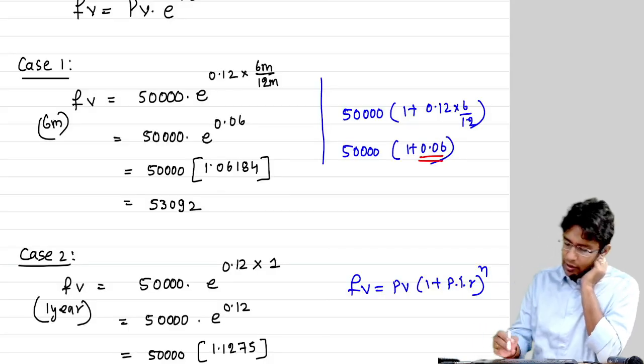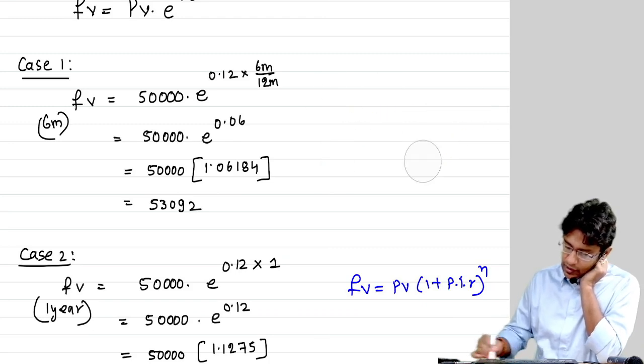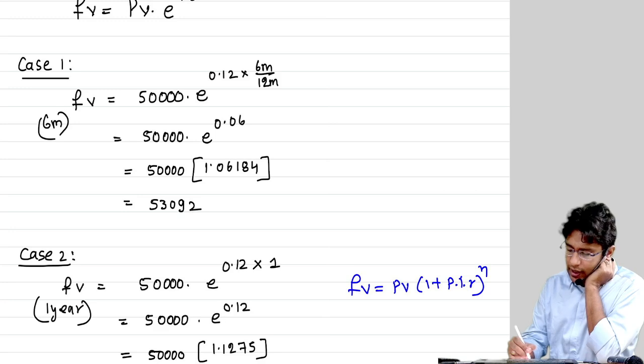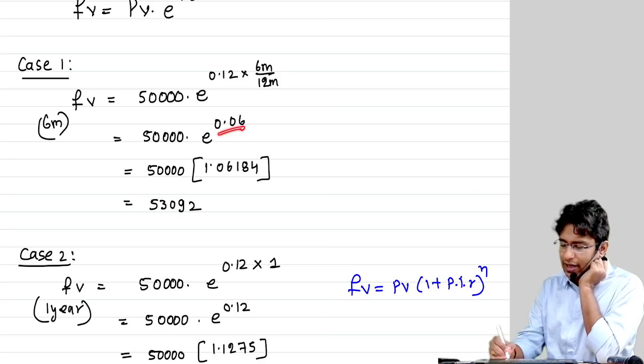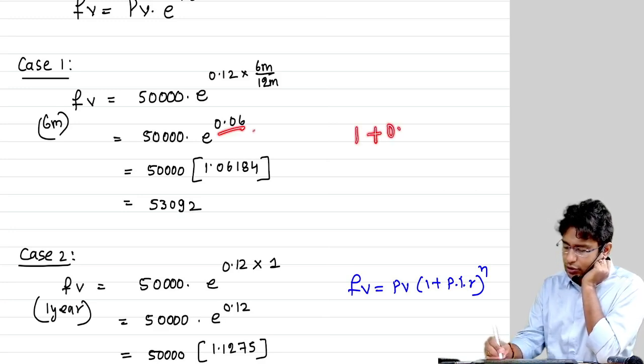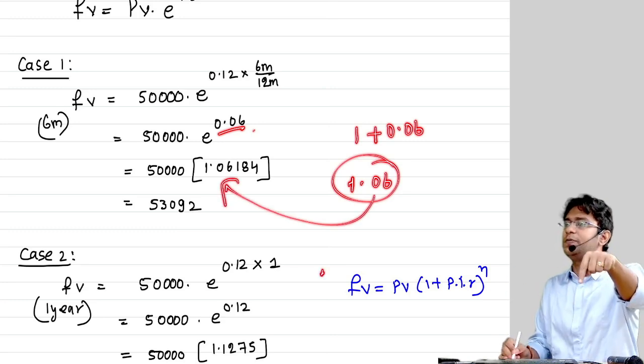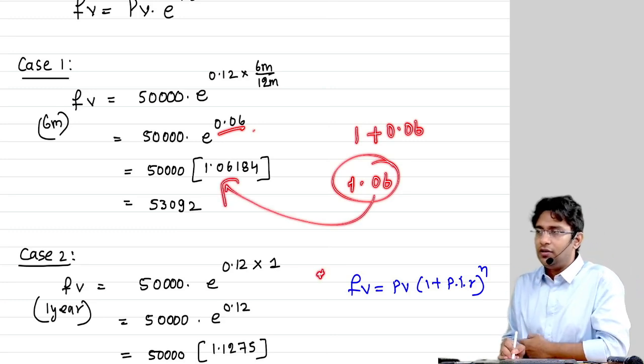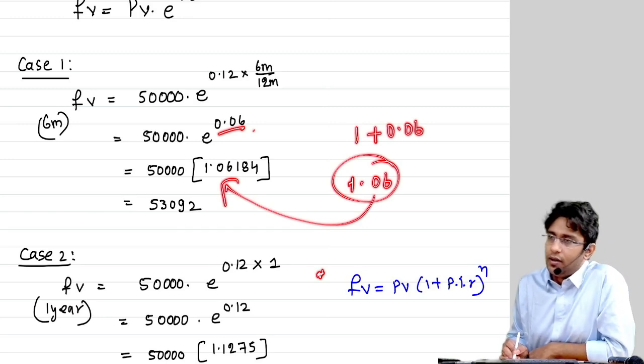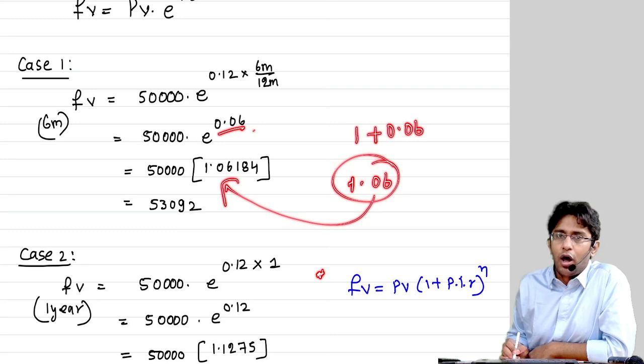And I'll tell you one more small thing. Some people, what they do is, creatively, e power 0.06 is nothing but the answer will be 1 plus 0.06, which is 1.06. They will use it as a substitute there. Don't use like that. If you do 1 plus the power, you are indirectly doing normal compounding.